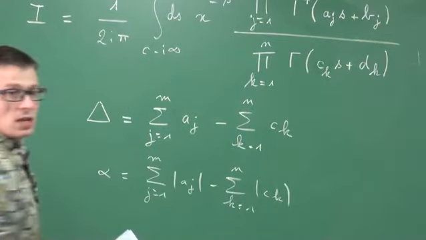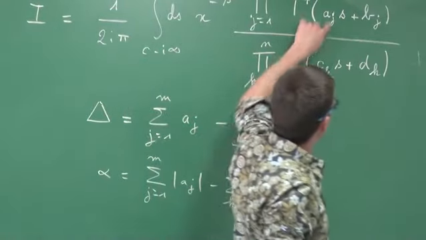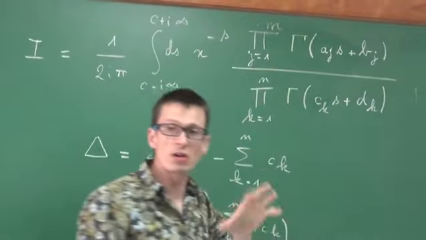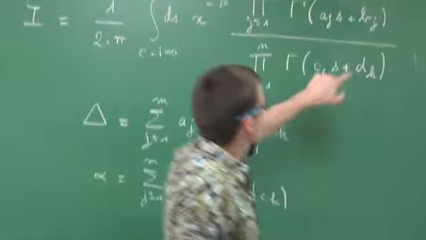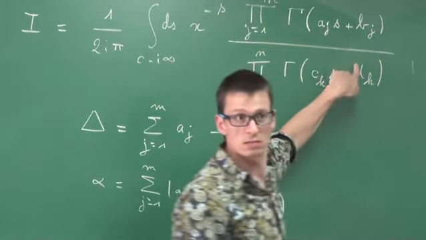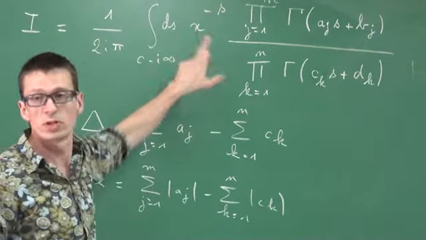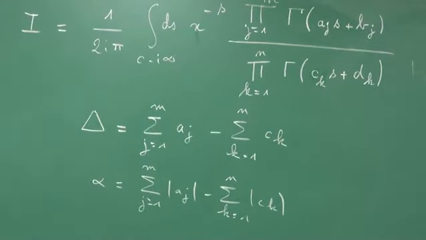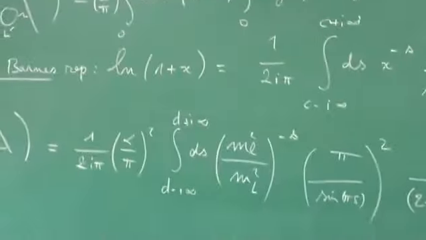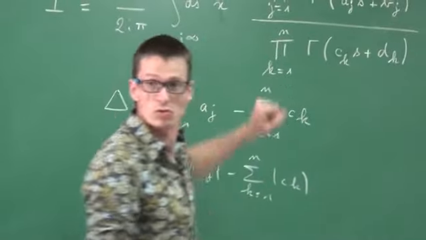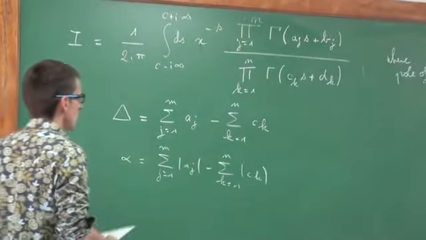I forgot to say that the a_j and c_k are real numbers, but x may be complex. Here it's real, as it is the ratio of masses, but in general they use the definition also for x complex.